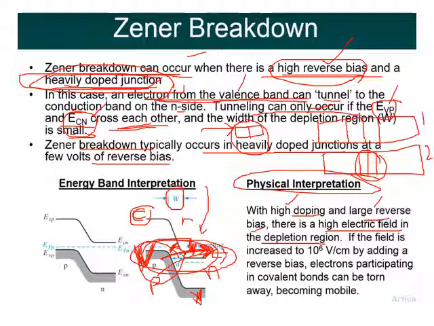Due to reverse bias and high doping. Both cause a high electric field in the depletion region, and if the field is increased up to 10 raised to 6 volts per centimeter by adding reverse bias, electrons participating in covalent bonds can be torn away.